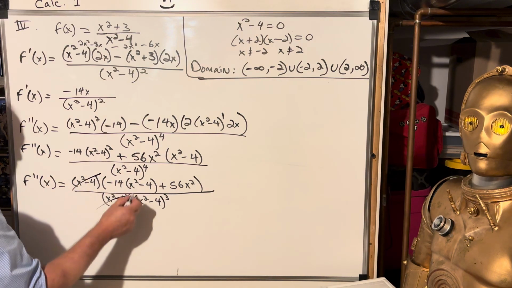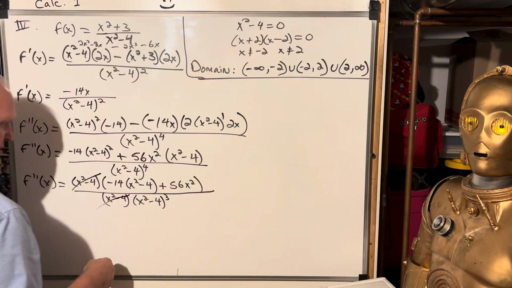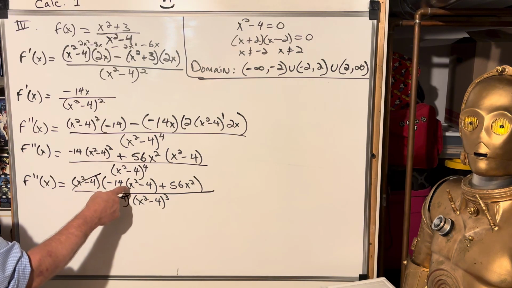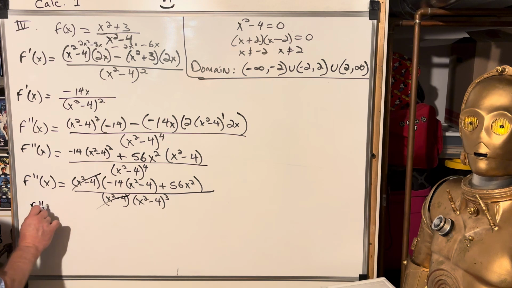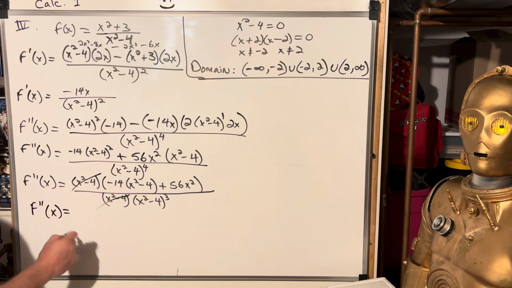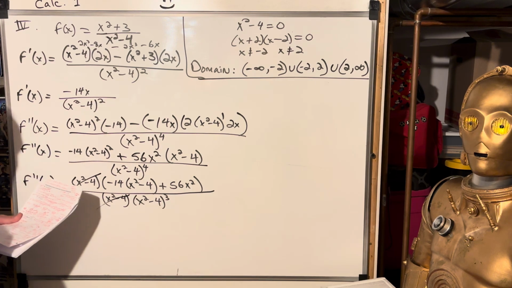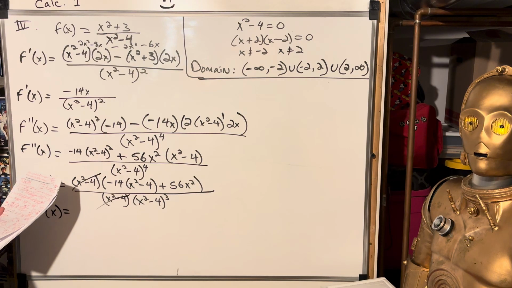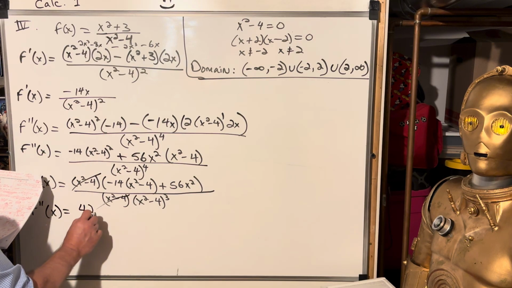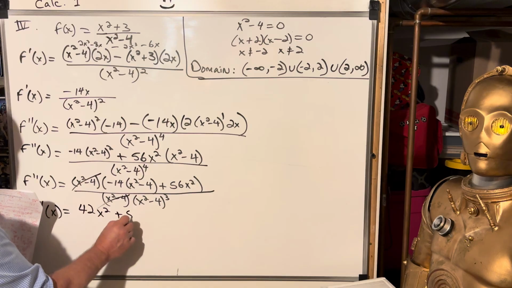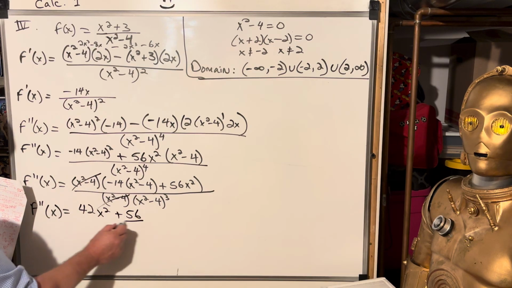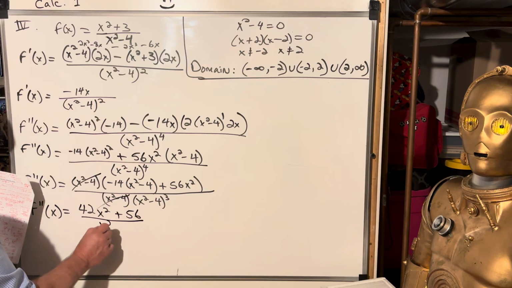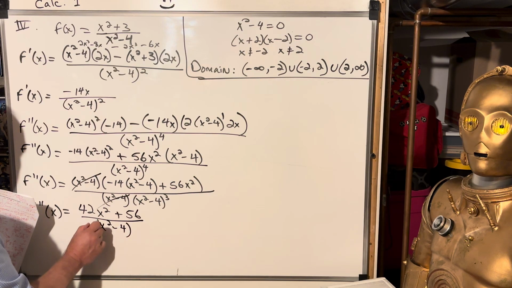And now let's distribute that and then combine like terms. So we got negative 14x squared plus 56x squared. So this was one bear of a derivative here. 42x squared plus 56 over x squared minus 4 cubed.